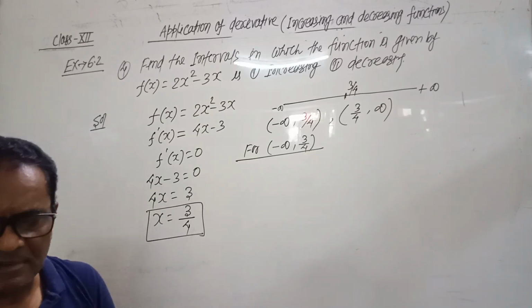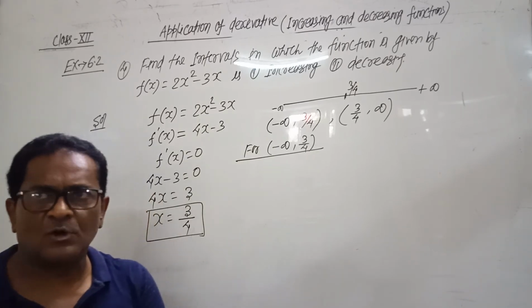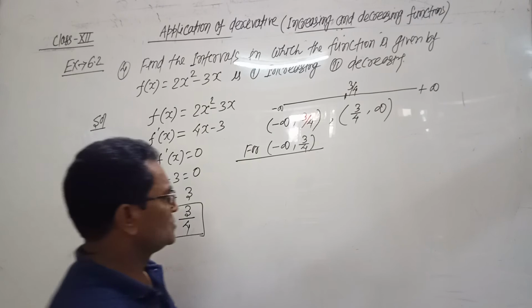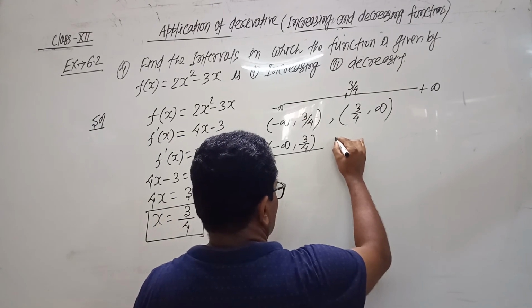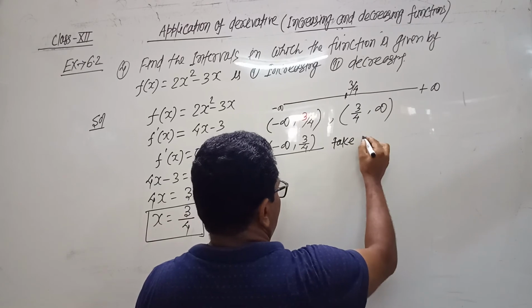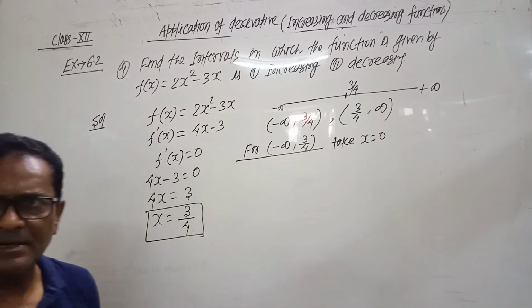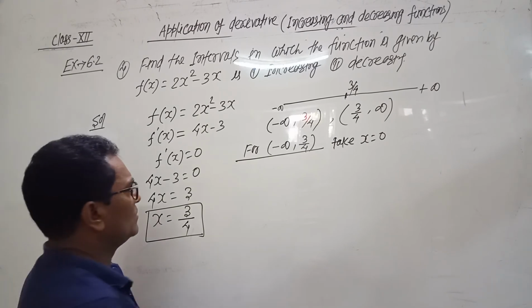You can take x equals 0, or you can also take x equals 0.5. So let us take x equals 0, and 0 lies between minus infinity and 3 by 4.